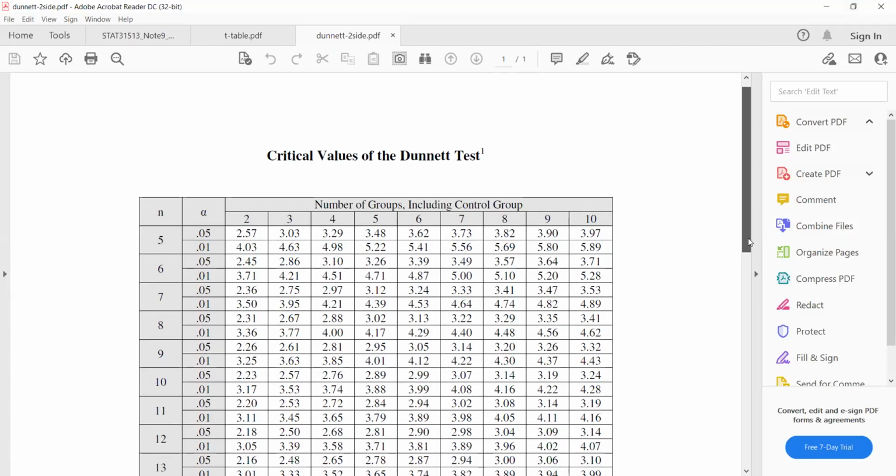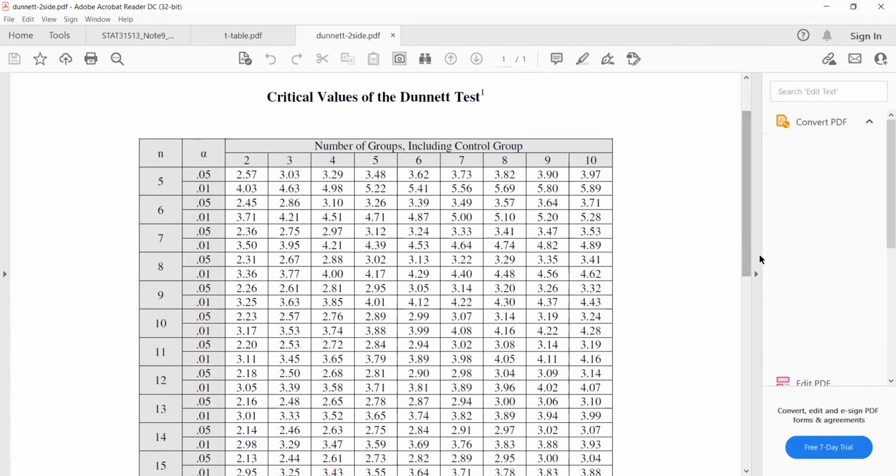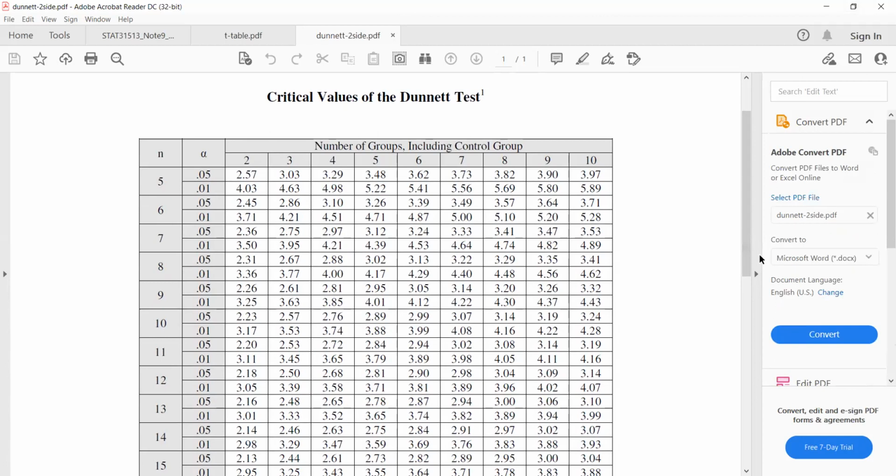So this is the critical values from the Donet test. So you can see you have here number of groups including the control group, and here you have the n value. In this case, you have the alpha value as well.